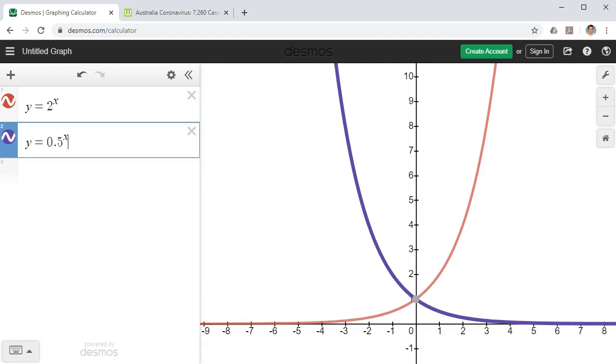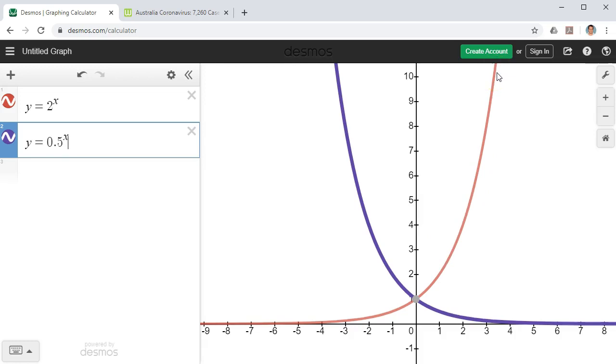This opens up a really great discussion about exponential growth and also exponential decay. The graph we see in red, y equals 2 to the power of x, is an example of exponential growth, where at first something seems to be not changing at all, and eventually it starts to accelerate and things seem to go up very quickly.